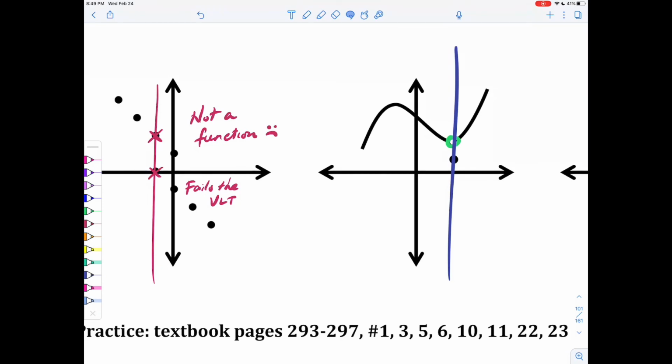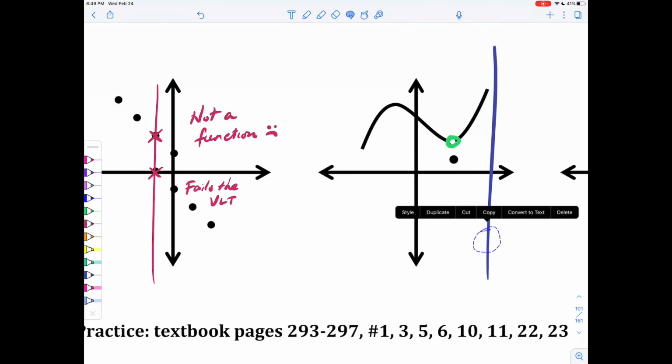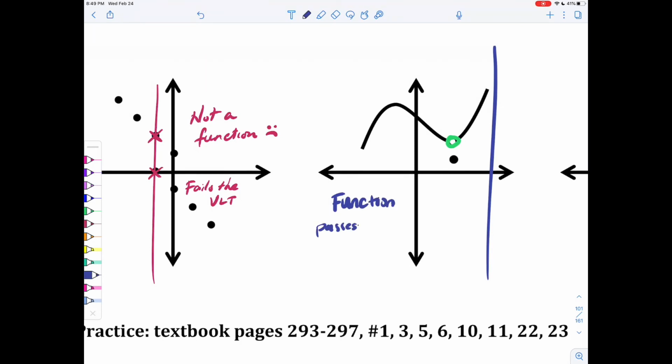So it's actually only hitting in one location at this particular x value. So that's still okay. And we keep on going, and it's only once as well. So this, in fact, would represent a function because it passes the vertical line test.